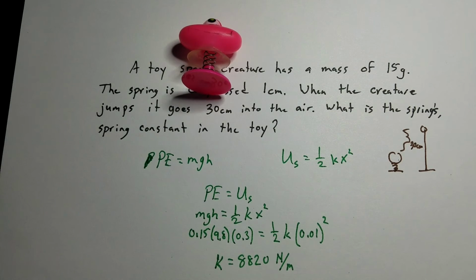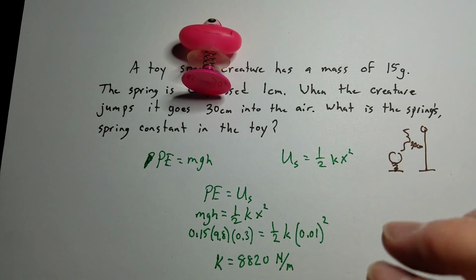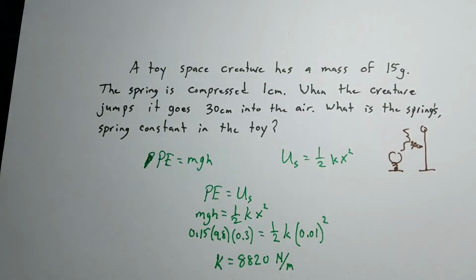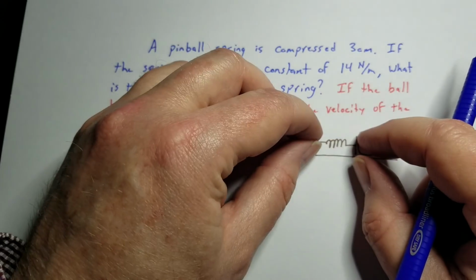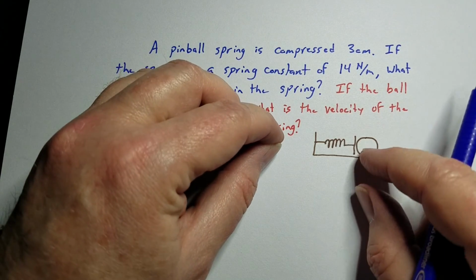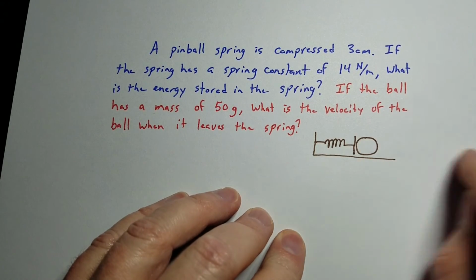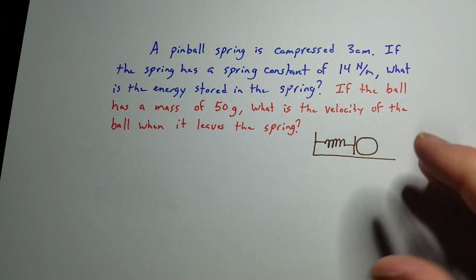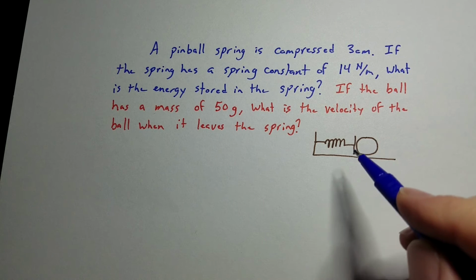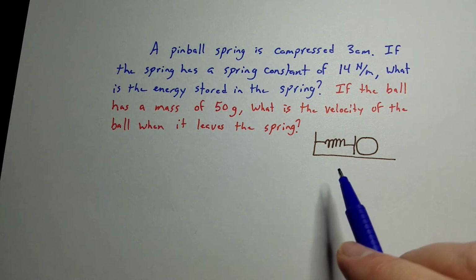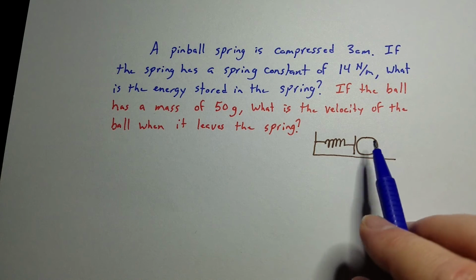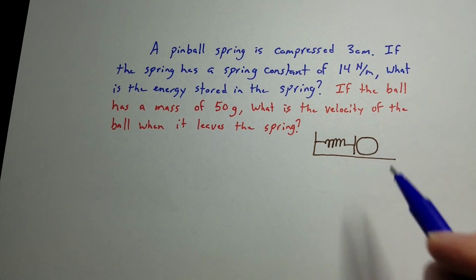Okay. So let's take a look where we have kinetic energy becoming energy in a spring. Pinball was a neat game where you pulled the spring back and it compressed the spring and the ball rolled up against it. Then we let it go, the spring shot forward and the ball went flying off into the game. And so we're going to figure out the velocity of the ball after it leaves the spring.